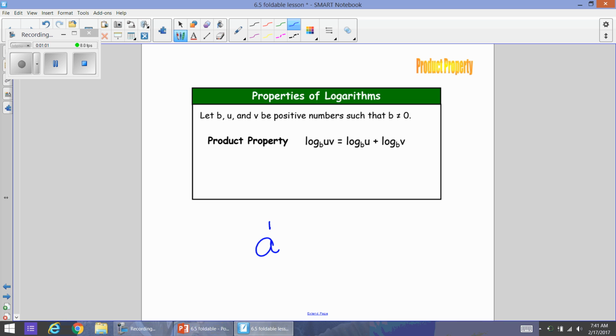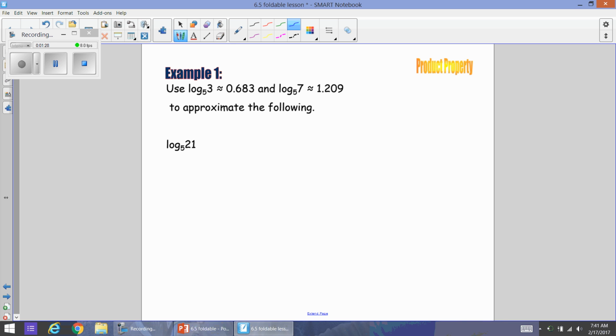A to the m times a to the n. What really is multiplication? Multiplication is addition. And we've been saying multiplication is addition for so long now that you should not be surprised that multiplication is actually addition.